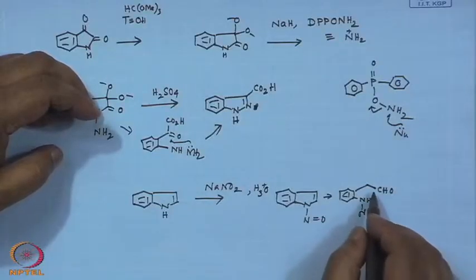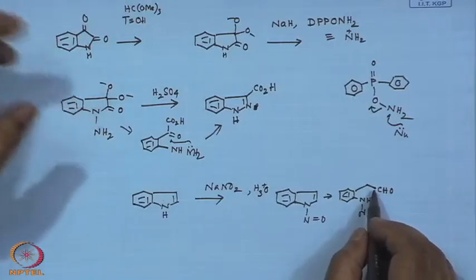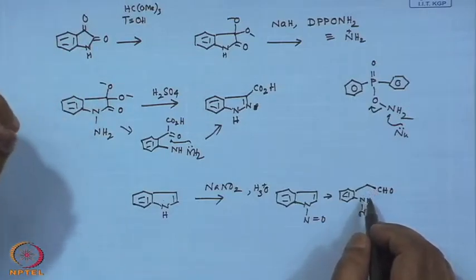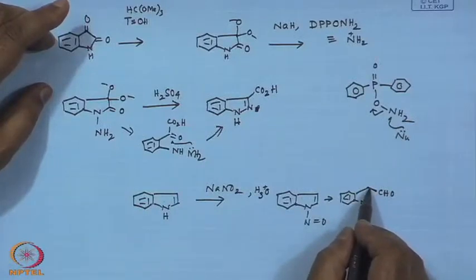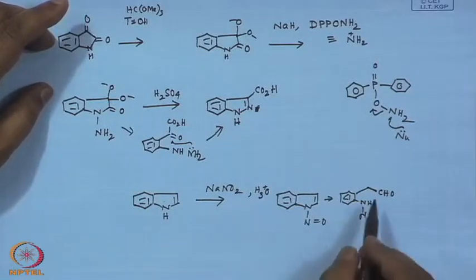Now, you can guess, in the previous example, in the last slide I have shown that orthotoluidine, if you treat with sodium nitrite, gives you the indazole. So, with an ester group there, you can end up with an ester indazole.